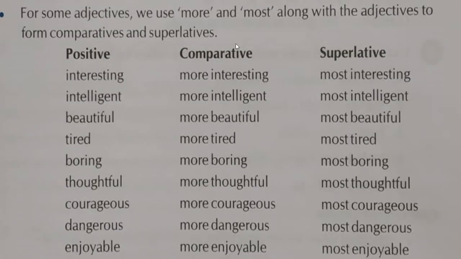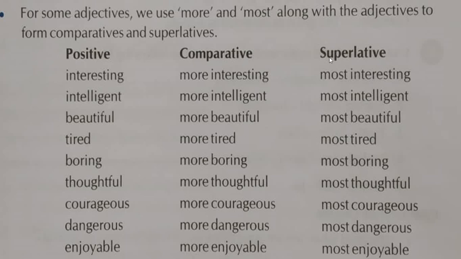For some adjectives, we use more and most along with the adjectives to form comparatives and superlatives. Mostly, students, suppose the words consisting of more than 2 syllables, these more and most are used. Okay, interesting, more interesting, most interesting.